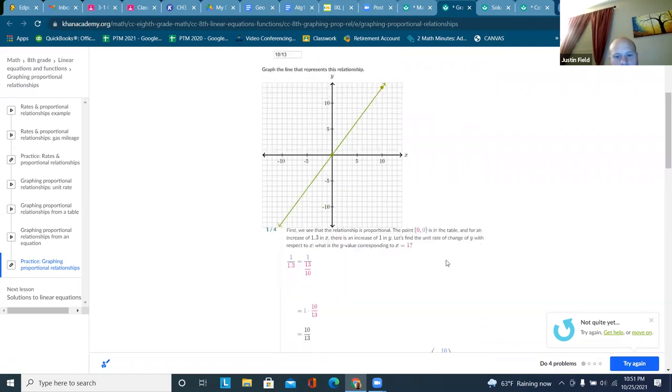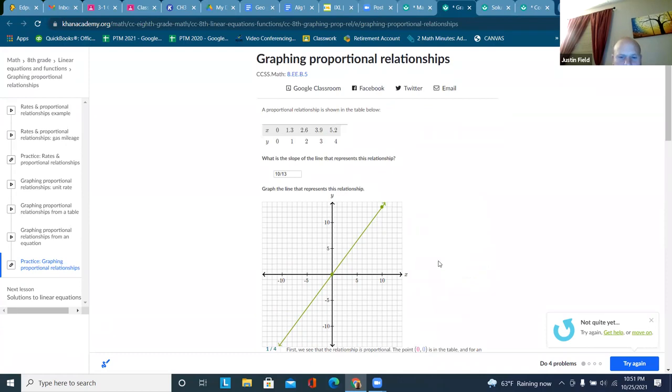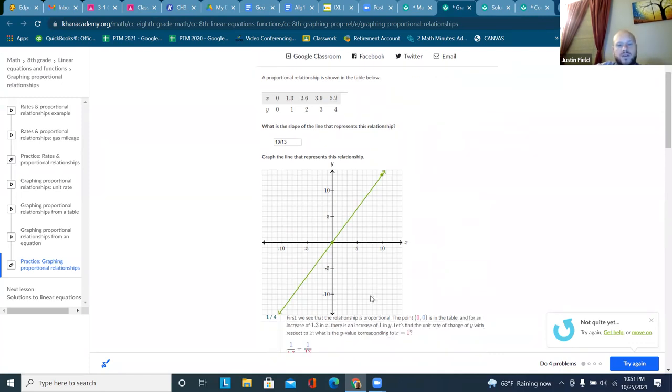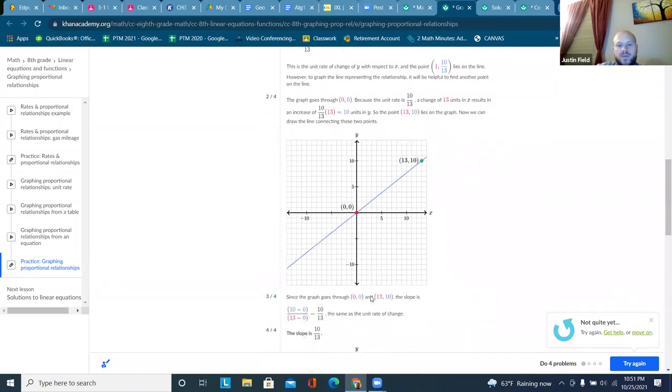Oh, goodness gracious. Okay, we're gonna get it. 10 and then 13. 1, 2, 3. Well, now I really do think that it's at 10, 13, and 0, 0. Oh yeah. Oh my goodness gracious.